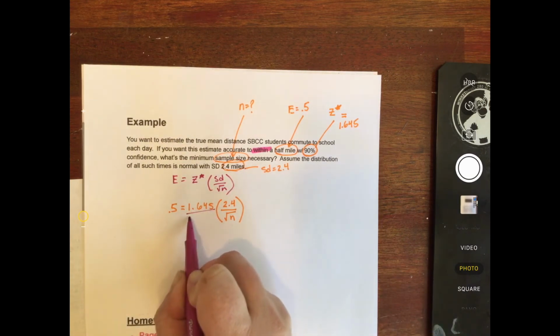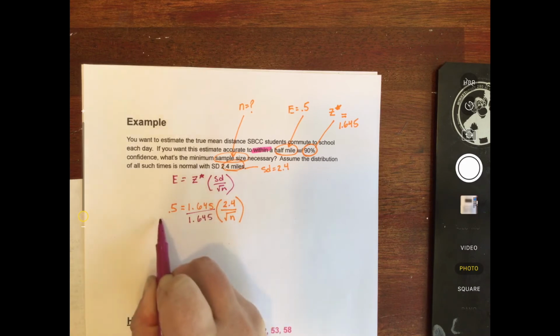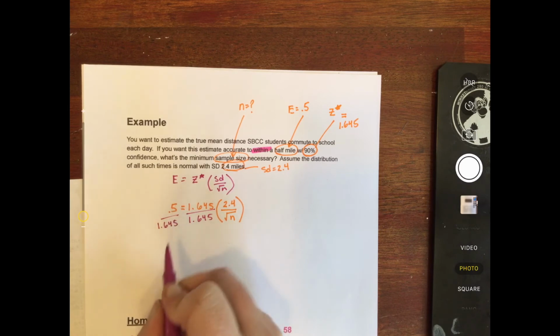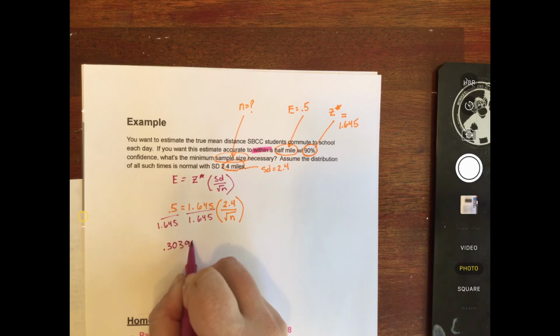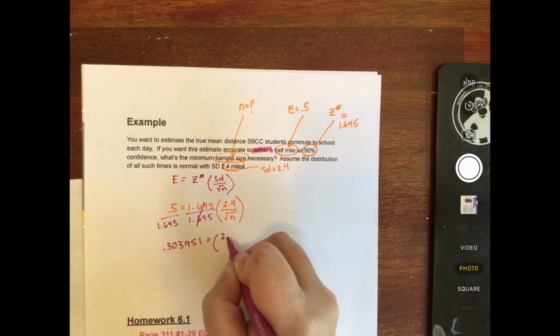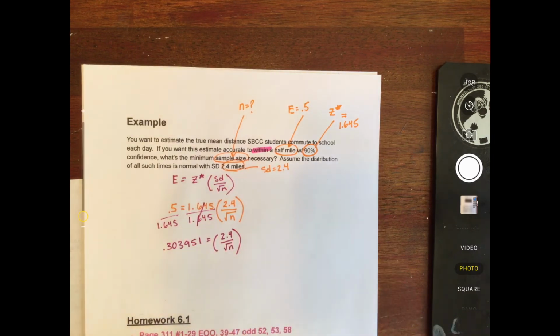I'm going to first divide both sides by 1.645 to get rid of that 1.645. When I do that, I get 0.303951, and that is equal to 2.4 over the square root of n.